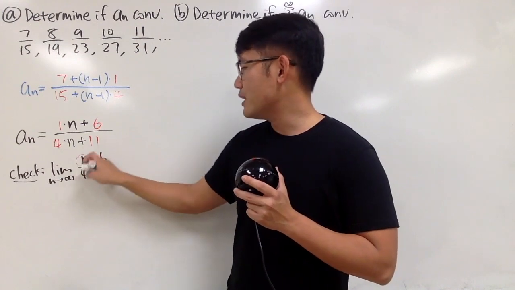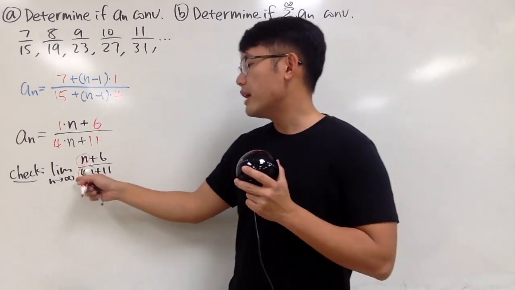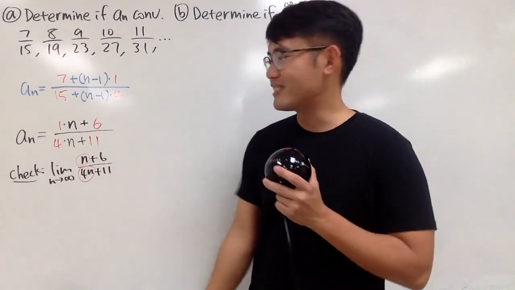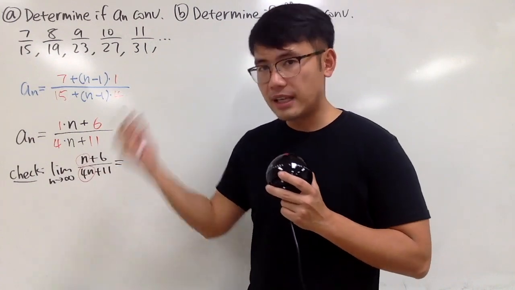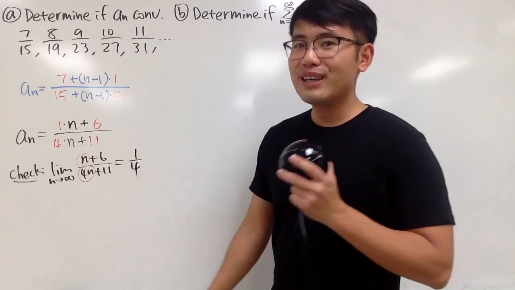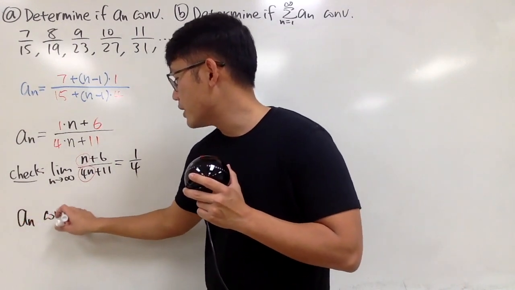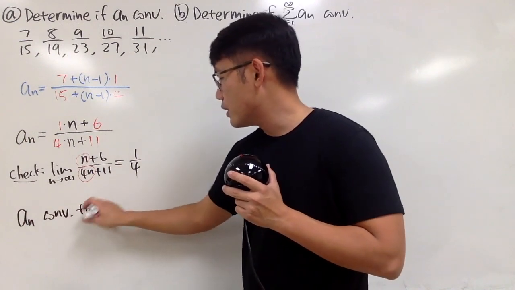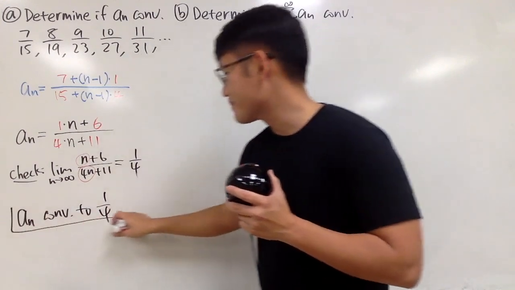We just care about this and that because they are the dominating parts when n goes to infinity, right? They are the big boss. And we end up with n over 4n, cancel the n, and we just get 1 over 4. So the answer for this is a_n does converge, and converges to 1 over 4. And we are done for this part.